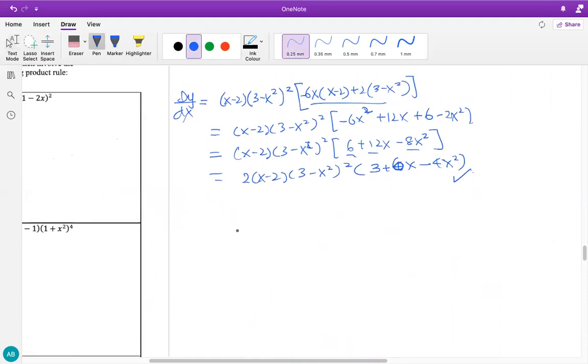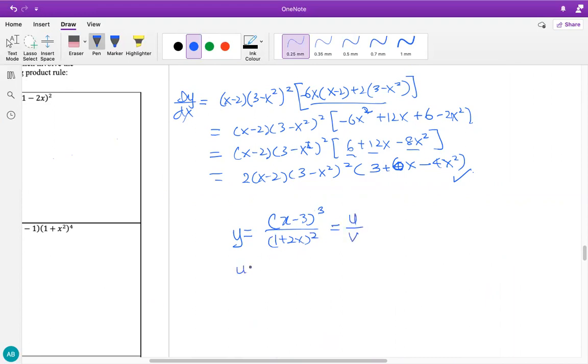So you have y equals to, question A, x minus 3 cubed over 1 plus 2x squared. Sorry, my eyesight is terrible. So we assume this is u and v.